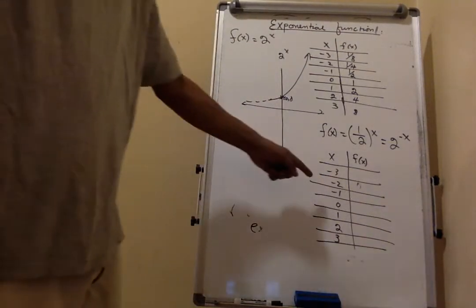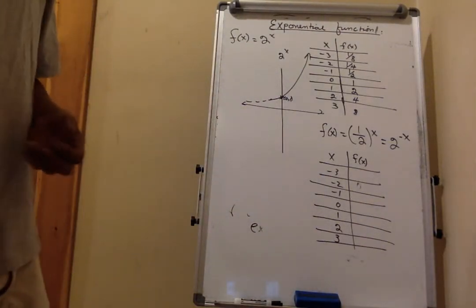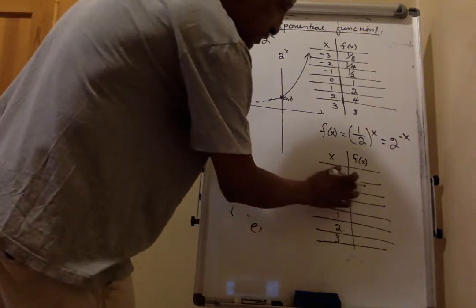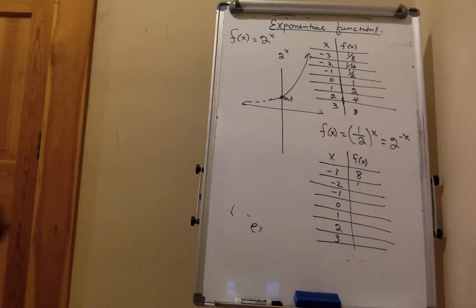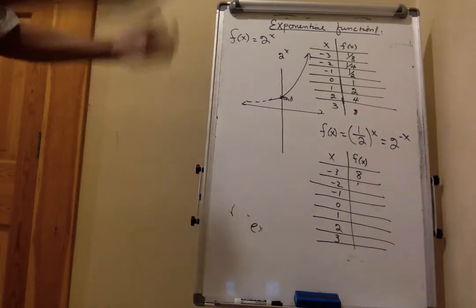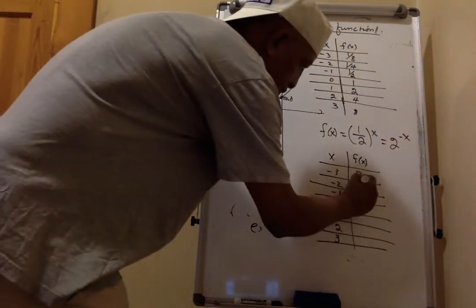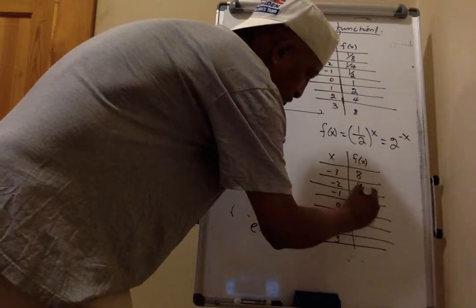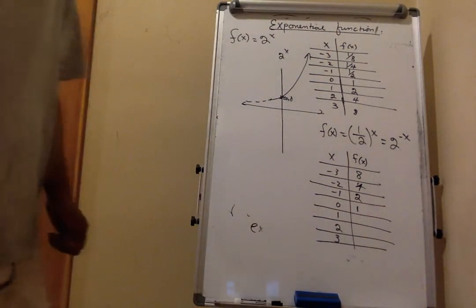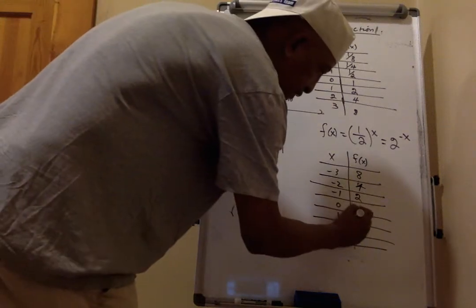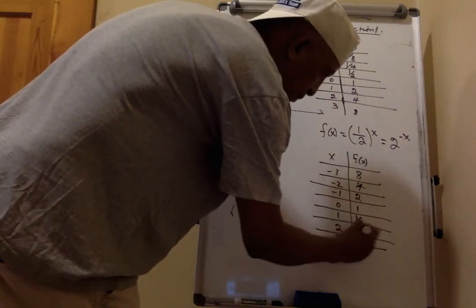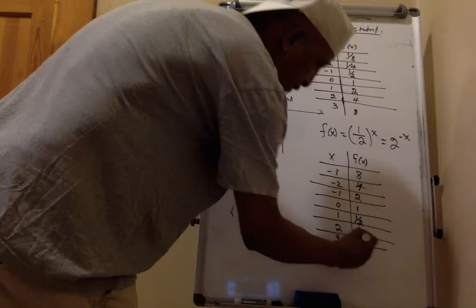If I raise half to the power of -3, I know what I'm going to get. It would be 8. Half to the power of -2 is 4, and this would be 2, this is 1. Now, this would be half, and this would be 1 over 4, and this would be 1 over 8.